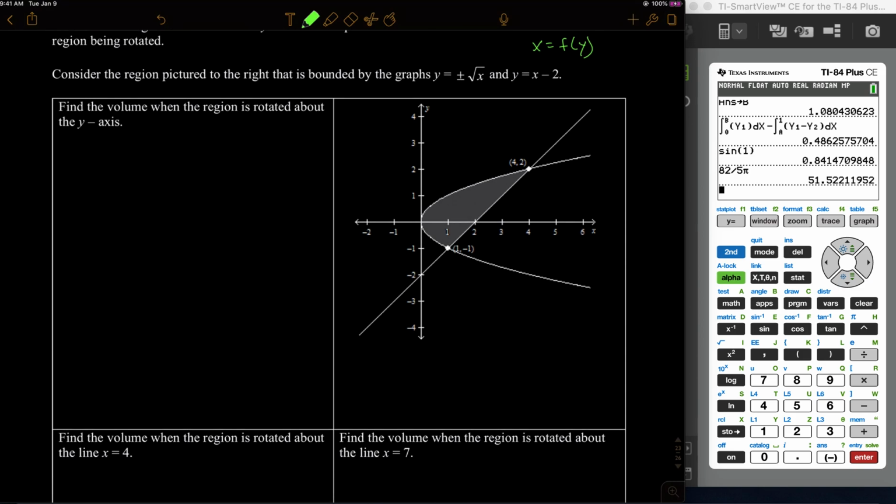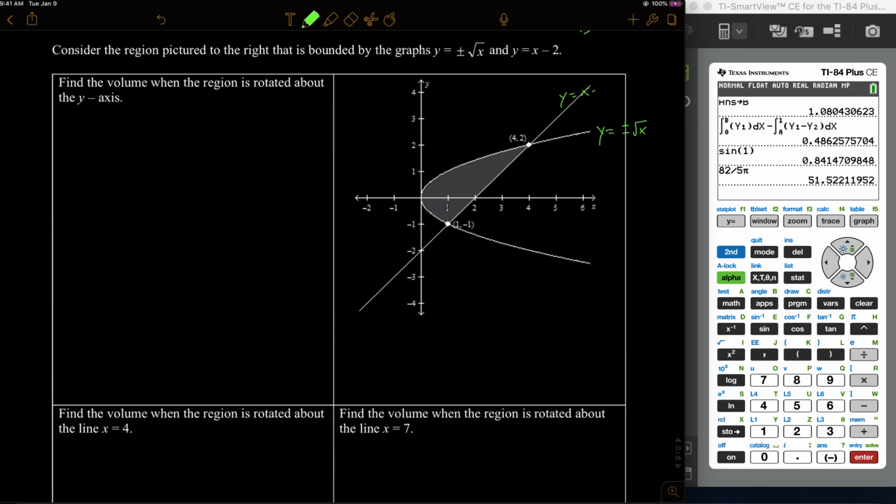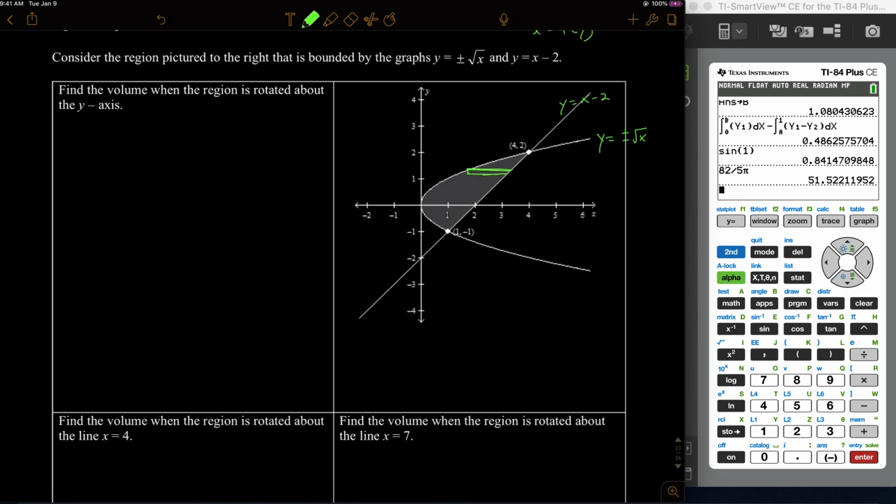All right, so here are our curves. This curve is y equals plus or minus the square root of x. There's actually two curves. And the other curve is given as y equals x minus 2. So first of all, we're doing everything kind of inverted here. Our slice, this one's rotating, by the way, around the y-axis, so that's x equals 0 as its equation.